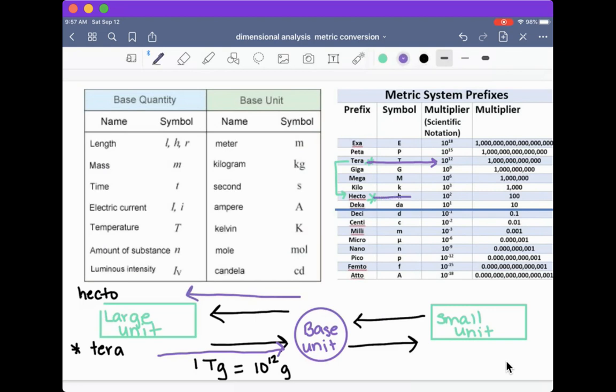I look here on the chart, and I can see the equality that I'm going to need is for every 1 hectogram, and that's a small h, there are 10 to the 2 grams. So I can now go ahead and set up my dimensional analysis by using this chart, and it told me exactly the two equalities that I needed by following this roadmap.